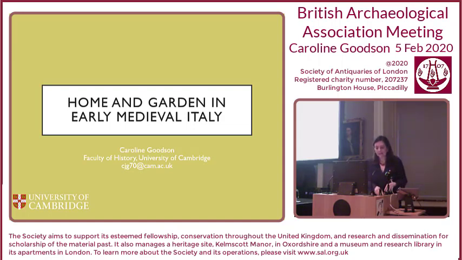Now, I'm going to talk to you tonight about urban landscapes of early medieval Italy, and I want to think about how the shapes of houses and the concepts of home and household, specifically around household economies, changed in late antiquity and the early Middle Ages. I'm going to do that by looking at both the built environment and the unbuilt environment.